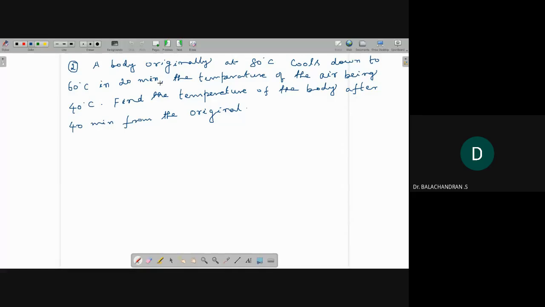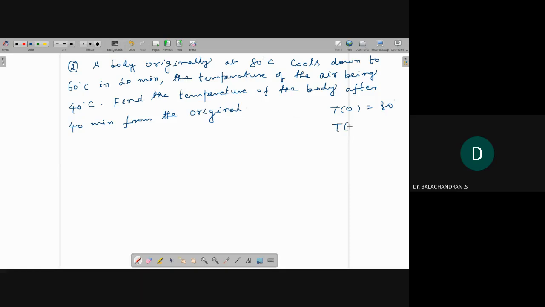Okay. So your body is originally at 80 degrees Celsius. That means T of 0 equal to 80. It is given. And it cools down 60 degrees in 20 minutes.